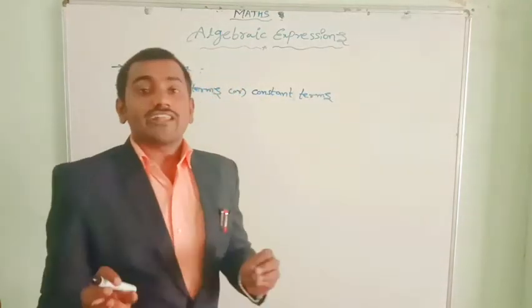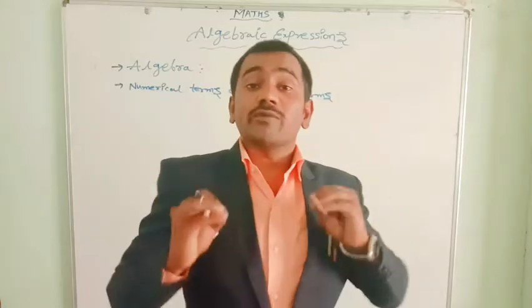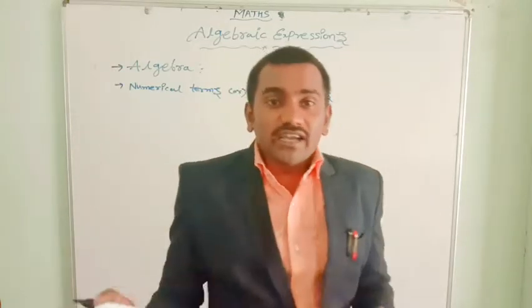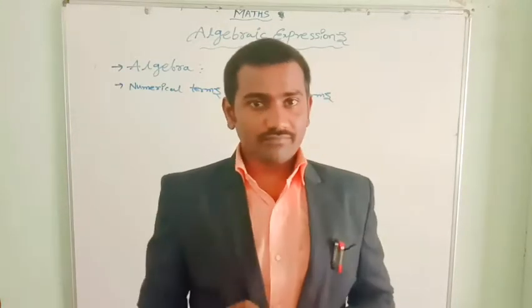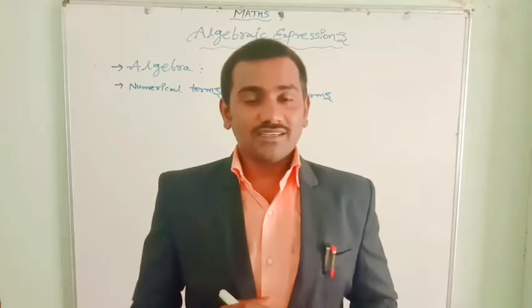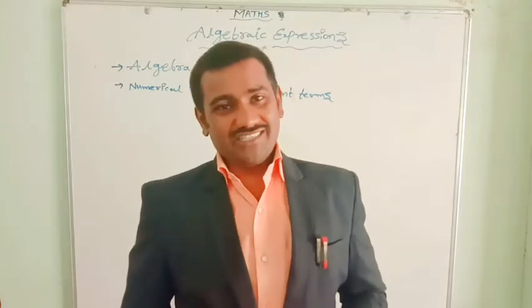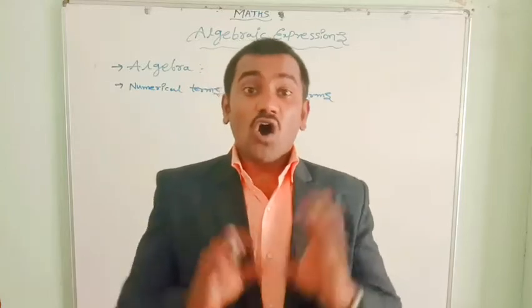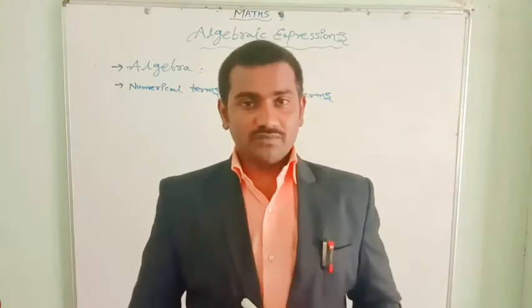Numerical terms are constant terms. What are the numerical terms? They are constant terms. Here itself there is the meaning, constant. Yes, 2 is a constant. 5 is a constant. All the numbers are constant terms.